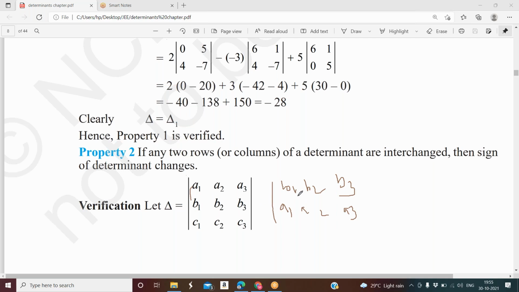I have written the second row as first row and the first row as second row. So if I interchange any two rows, or any two columns, then the value of the determinant will change. If you get positive sign when you expand the given determinant, then after interchanging you will be getting minus sign. So that is the meaning of this property.